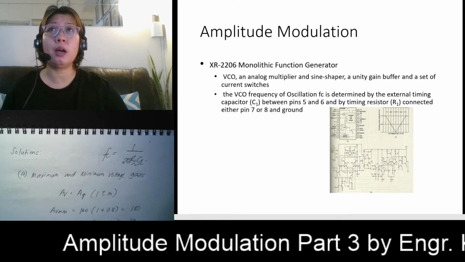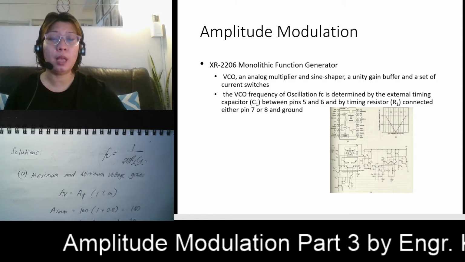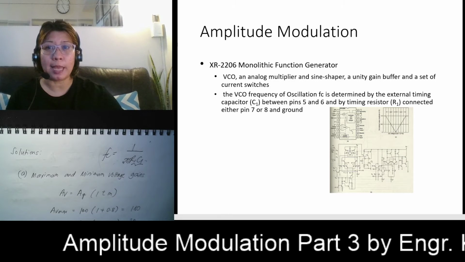So we have here an example. What will it look like when we connect it to different components?